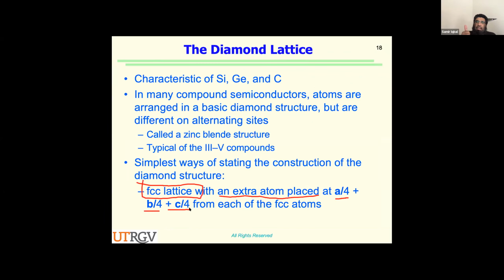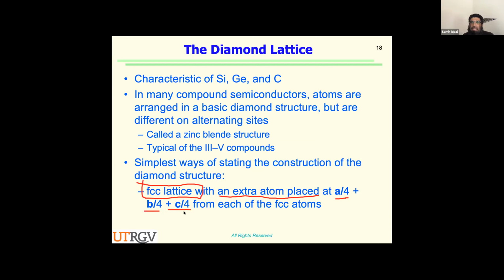In the Y direction, go 1/4 of the lattice constant. Again, can somebody remind me what the lattice constant is? How far away the atoms are from each other? No. The lattice constant is the size of a unit cell, 1 dimension of the unit cell. The unit cell is a cube, but 1 direction is the lattice constant. And of course, X is A, Y is A, Z is A.